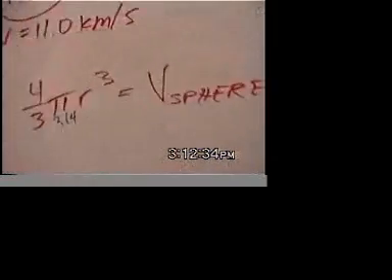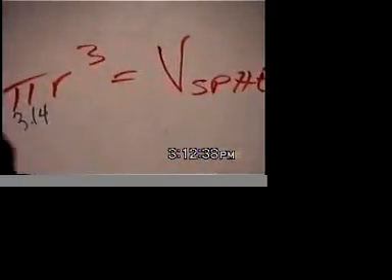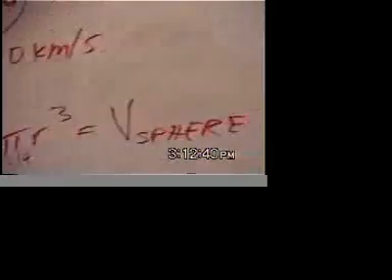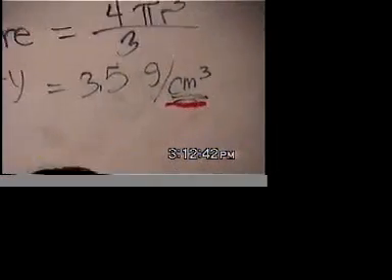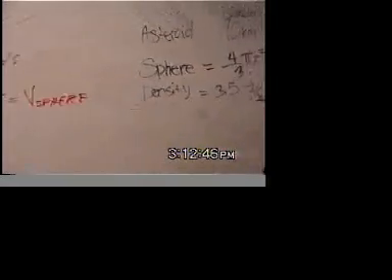Centimeters with that R cubed makes it centimeters cubed. And if we have centimeters cubed, then we can cancel out that centimeters cubed and get grams, right?